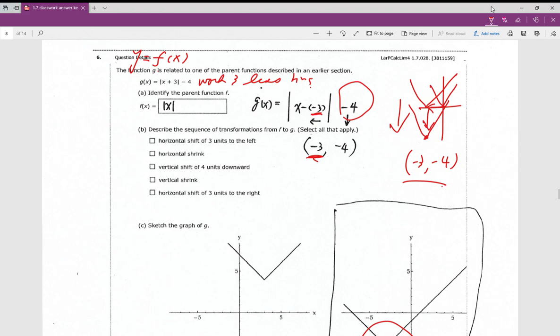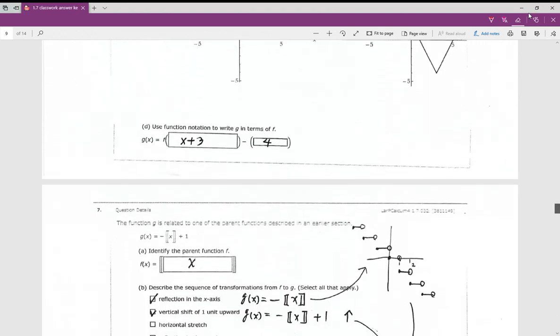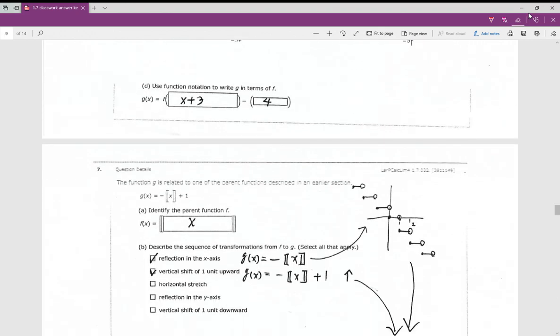And if you want to shift to the left-hand side 3 steps, then you have plus 3 inside, right? Plus 3. And then after that, the whole parent graph needs to be pushed down 4 steps. So that's how we have this new function. So this is y equals f of x, and then this f of x, we plus 3 and take away 4.